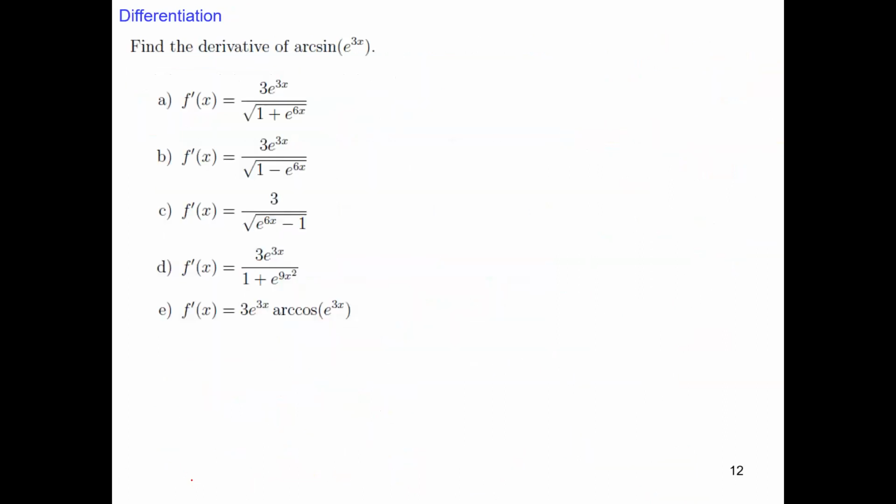Okay, excellent. Now find the derivative of arcsine of e to the power of 3x. Of course, we don't have to do almost anything. It will be the derivative of arcsine. Derivative of arcsine is 1 over square root of 1 minus quantity squared, times the derivative.